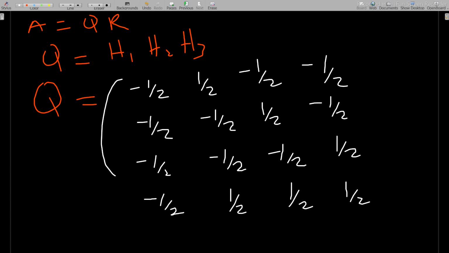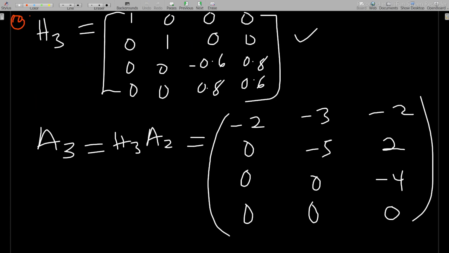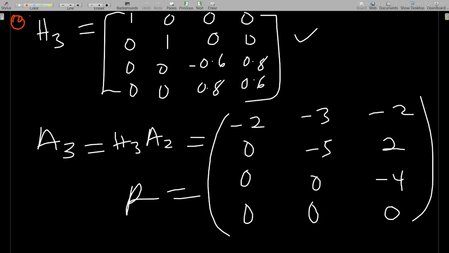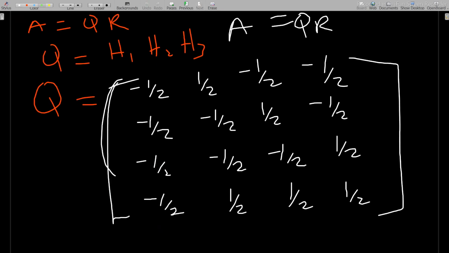It's a 4x4 square matrix. This will be my Q, and R is simply the last one. So if you want to confirm that indeed A is equal to QR, just multiply Q and R. This is my R, and this one is my Q.